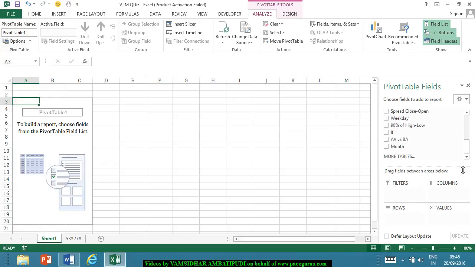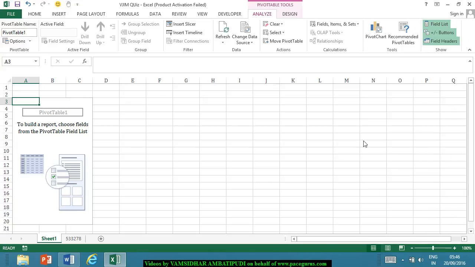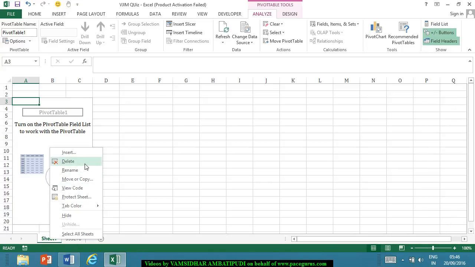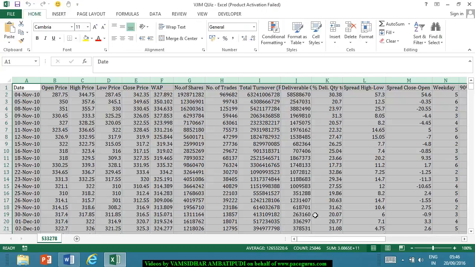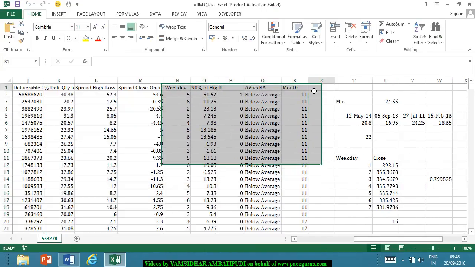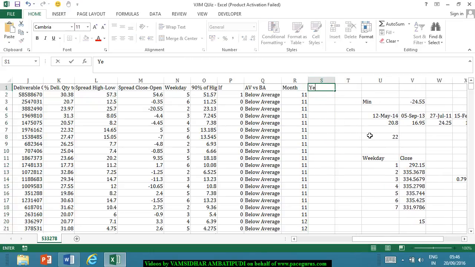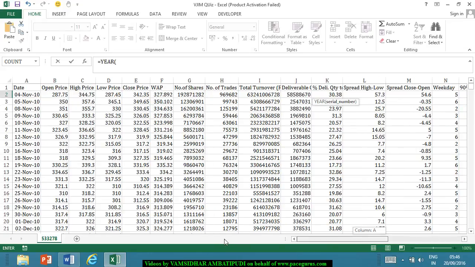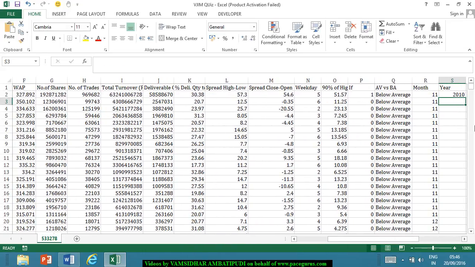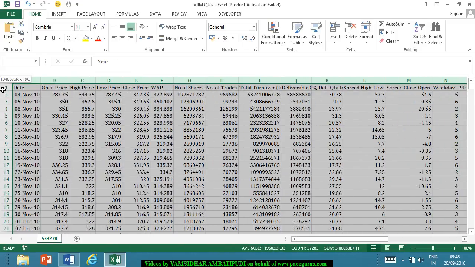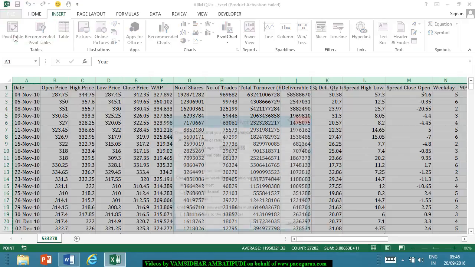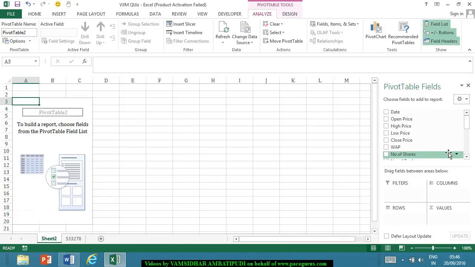Okay, years are not yet there, so let me create my year column before I create the pivot. Let me create one more column here, which is the year column, equal to year of this particular date. So we have the year column as well. Now let me take the pivot table for the whole thing, wherein now I'll drag the year.